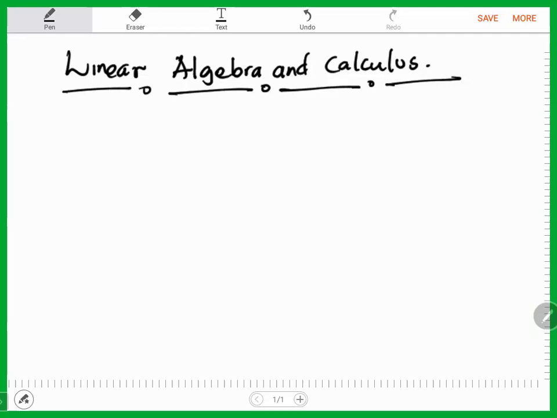So under this topic, we shall be in a position to know what actually a straight line means, and how it looks.